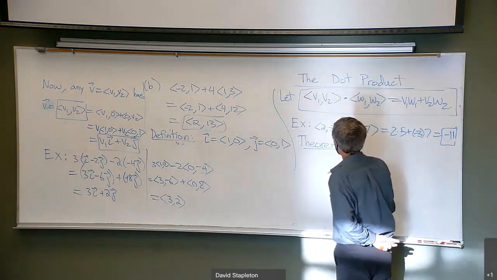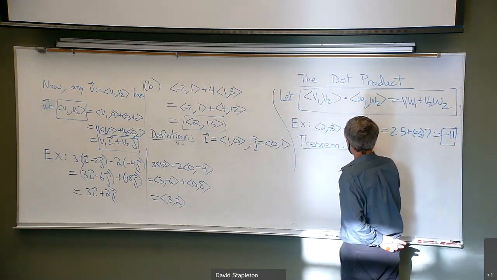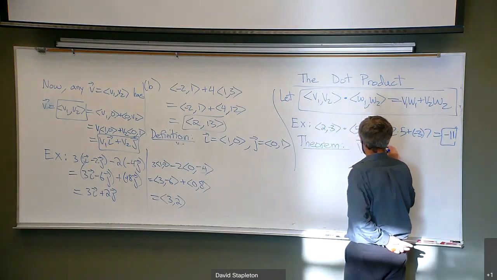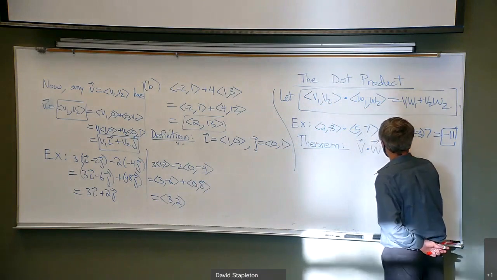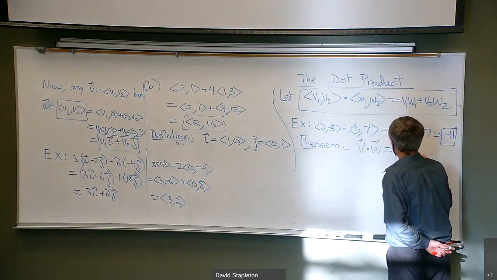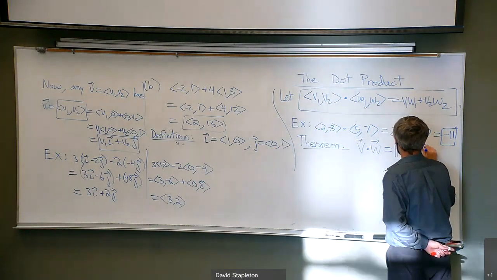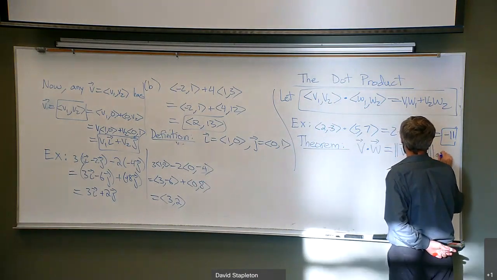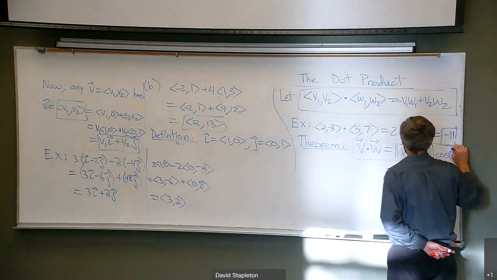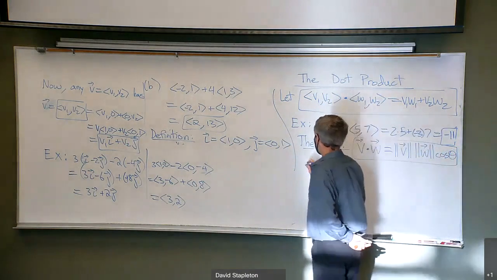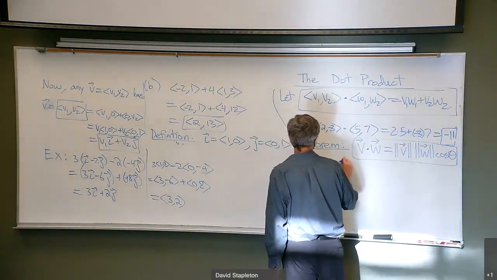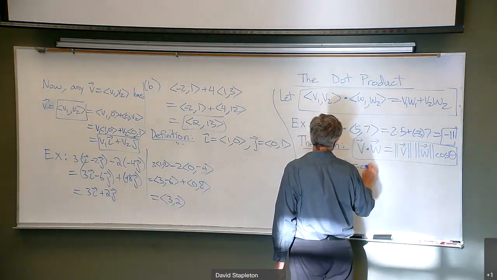If you take the dot product of two vectors, V and W, it always comes out to be the length of V times the length of W times cosine of theta, where theta is the angle between them. It won't generally be the angle in standard position to either of them. Theta is the angle between them.